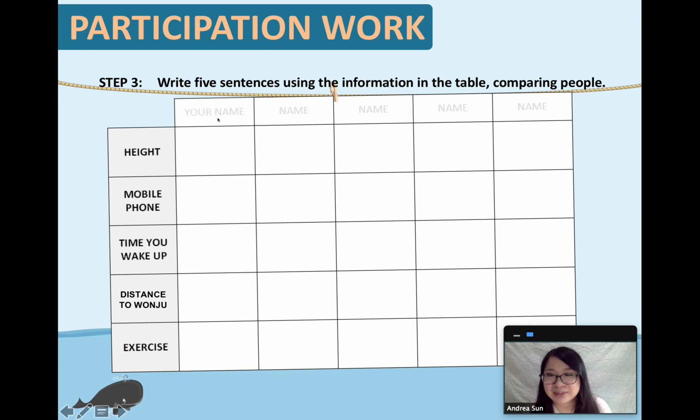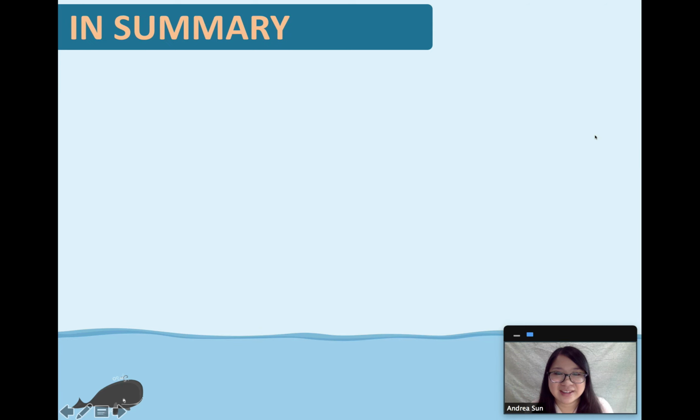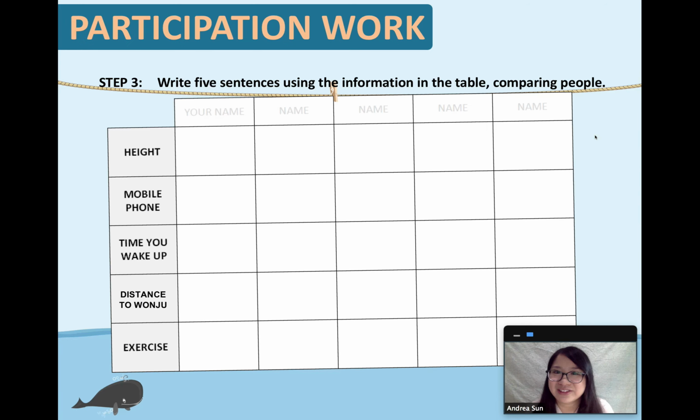For example, my sister is the tallest member of my family. You might make a sentence like that. Okay, and when you finish, you will submit it to WISEC as usual.